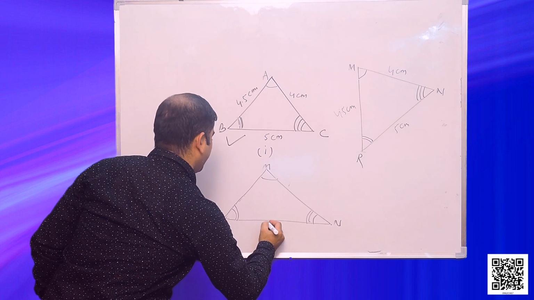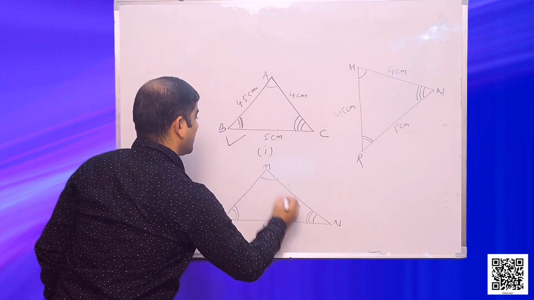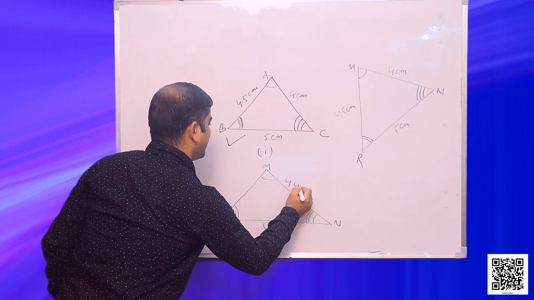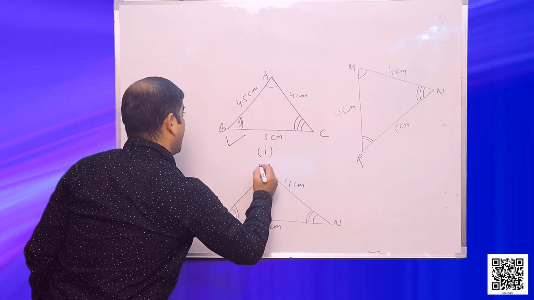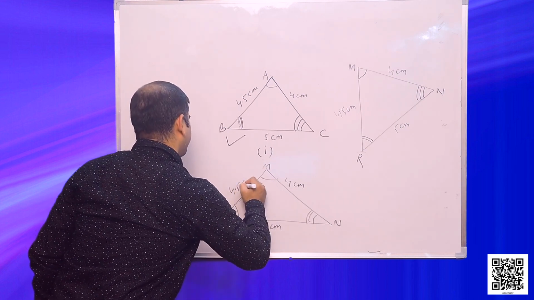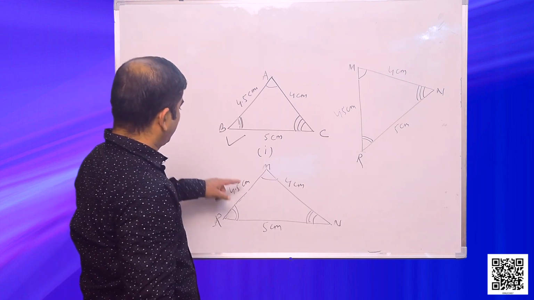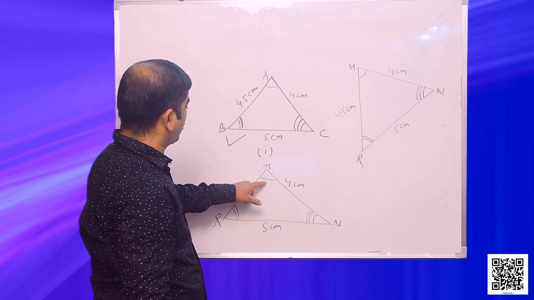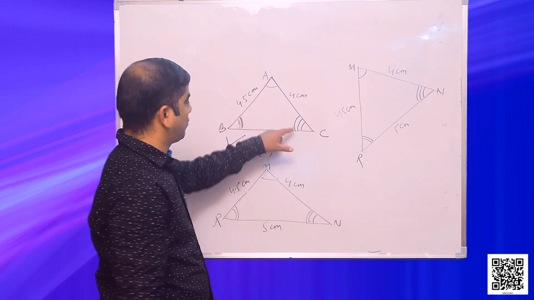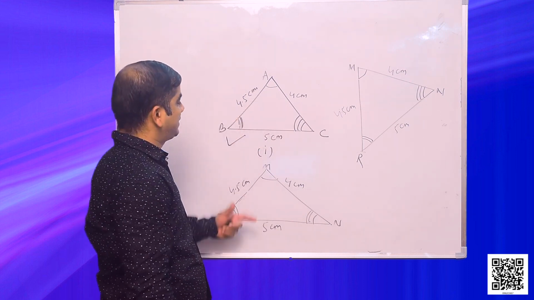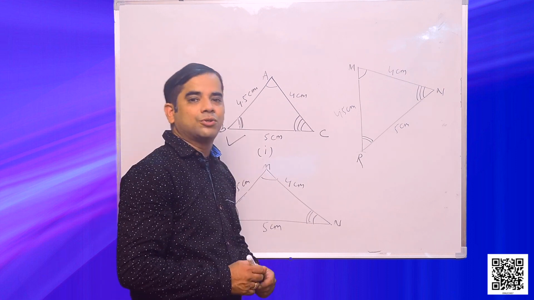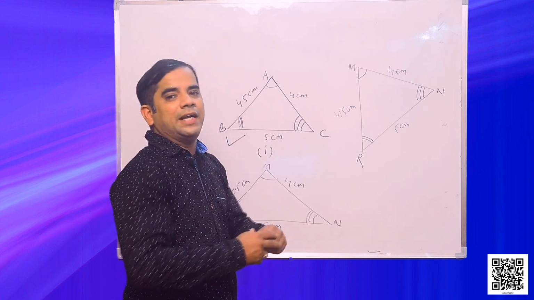So RN is 5 centimeter, MN is 4 centimeter and RM is 4.5 centimeter. So you can clearly observe that the corresponding sides and the corresponding angles are equal to each other. That means these two triangles are also congruent to each other.